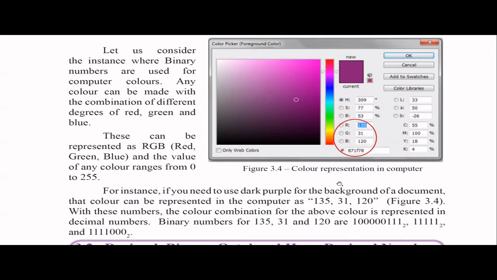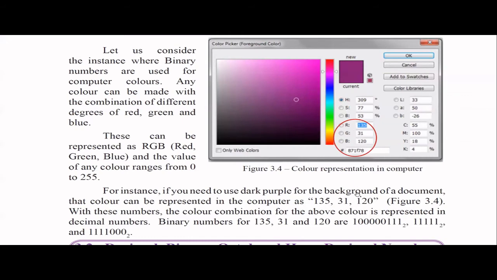For example, for the color they have selected, the red value is 135, the green value is 31, and the blue value is 120.